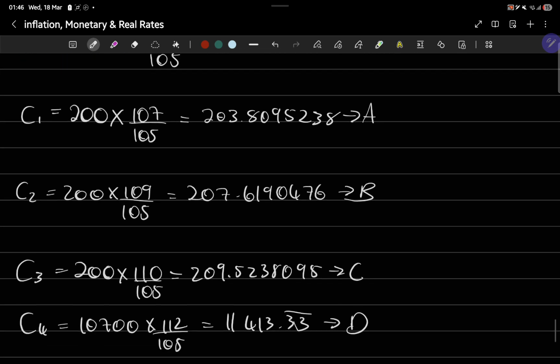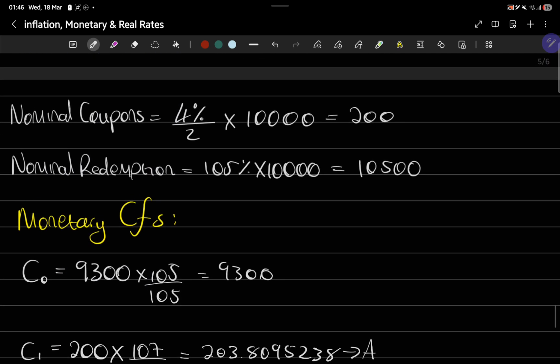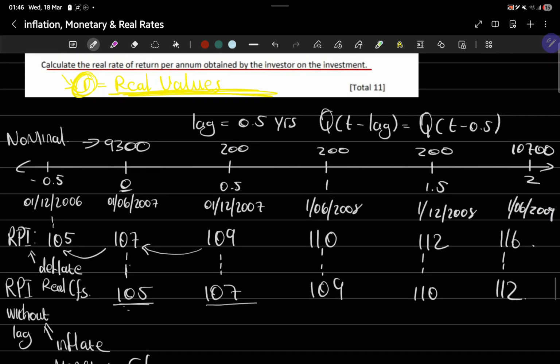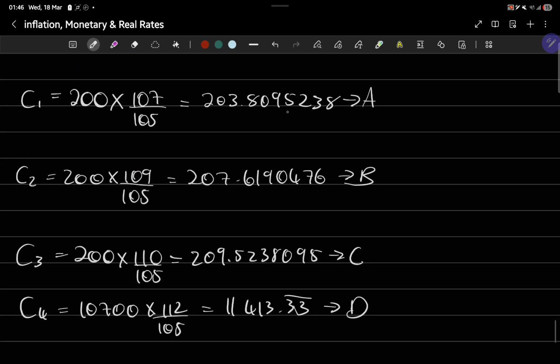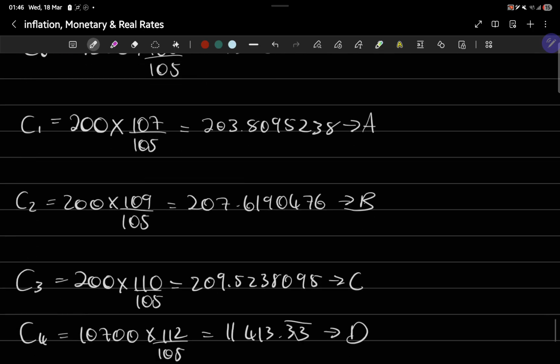After doing the calculation for the rest of the cash flows at time 1 up until time 2, we get these values, which I'm storing on my calculator, and these are the monetary cash flows at each time.